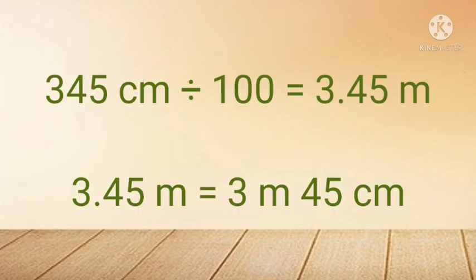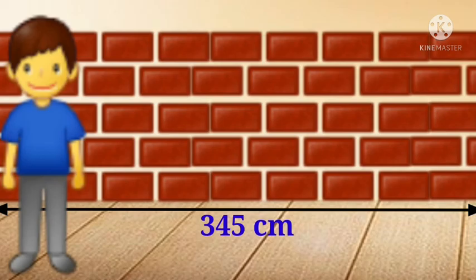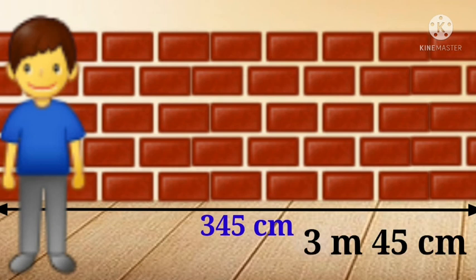So, when you divide 345 centimeters by 100, you will get 3.45 meters, and it can be written as 3 meters and 45 centimeters. So, the length of the wall that is measured by Rohan can be written as 3 meters and 45 centimeters.